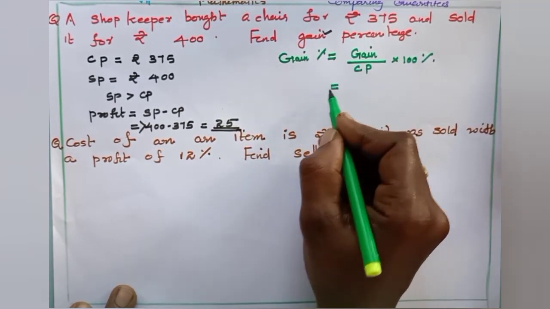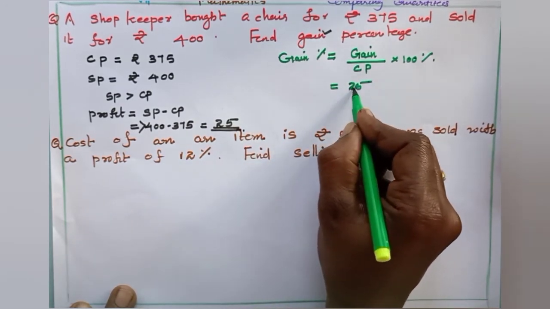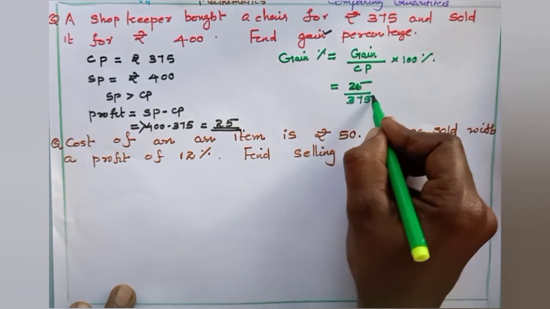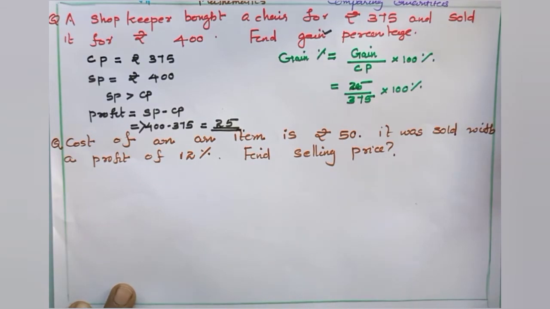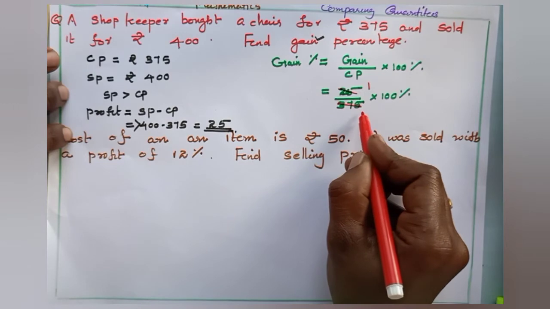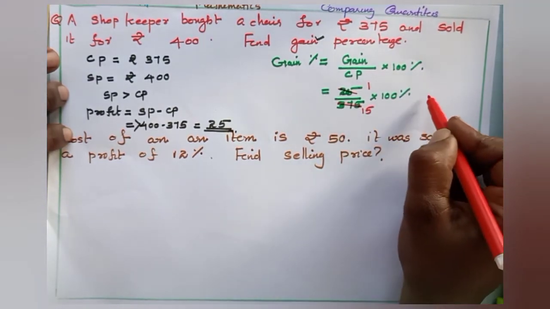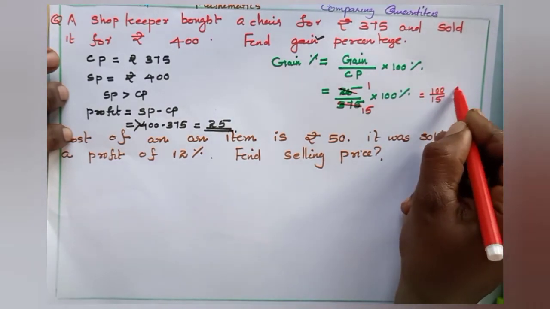Here gain or profit is 25 by cost price 375 into 100%. So we can cancel by 25. 25 is 1 time, 375 is 15 times. Then we get 100 by 15%.